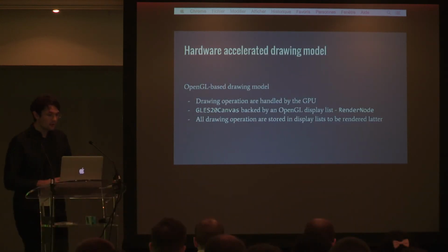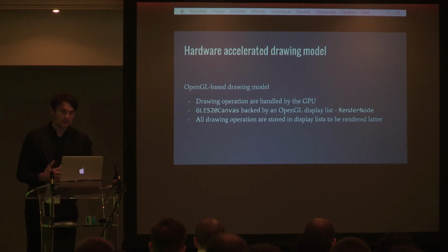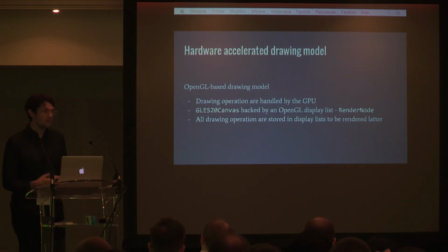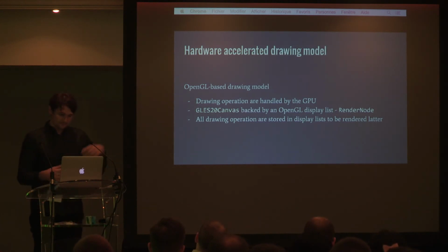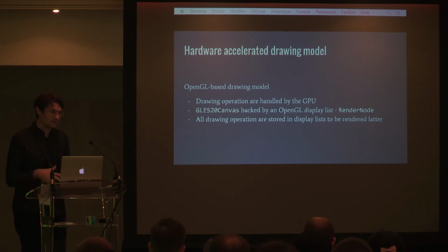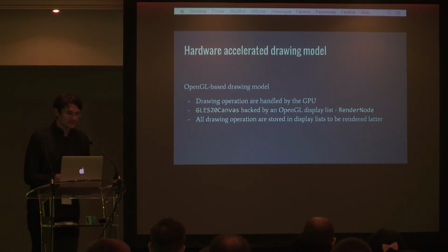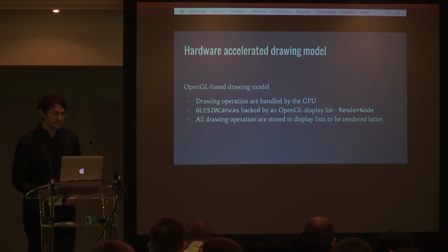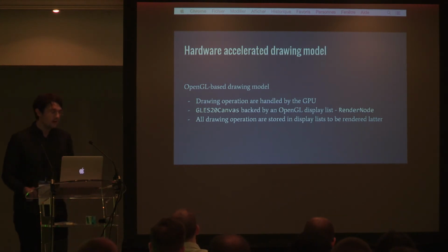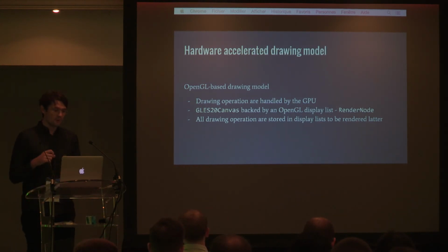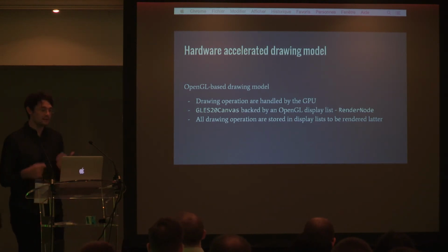So, hardware acceleration is a new drawing process which replaces the old one, and where operations are done by the GPU. The way Canvas works has totally changed. Instead of making the CPU draw on a bitmap, it will cause operations to be listed in an OpenGL display list.